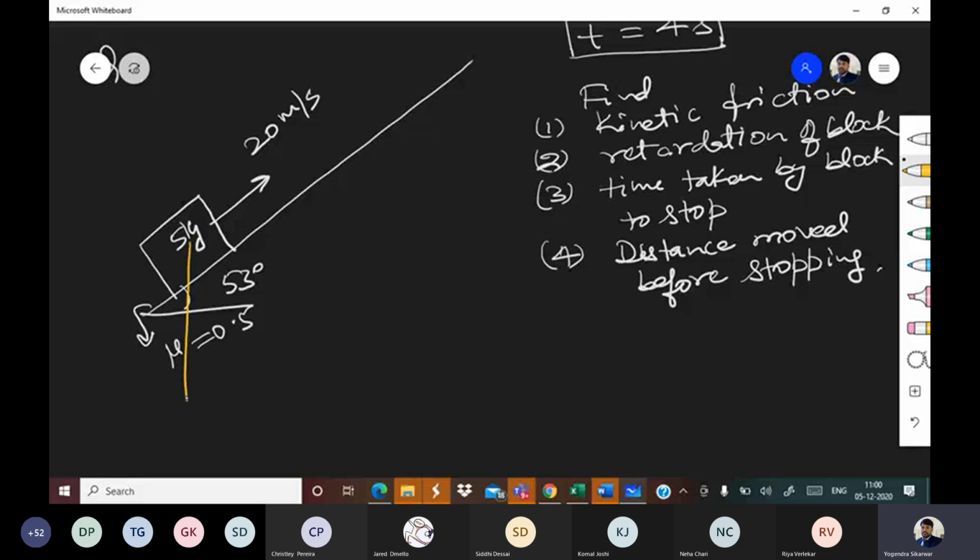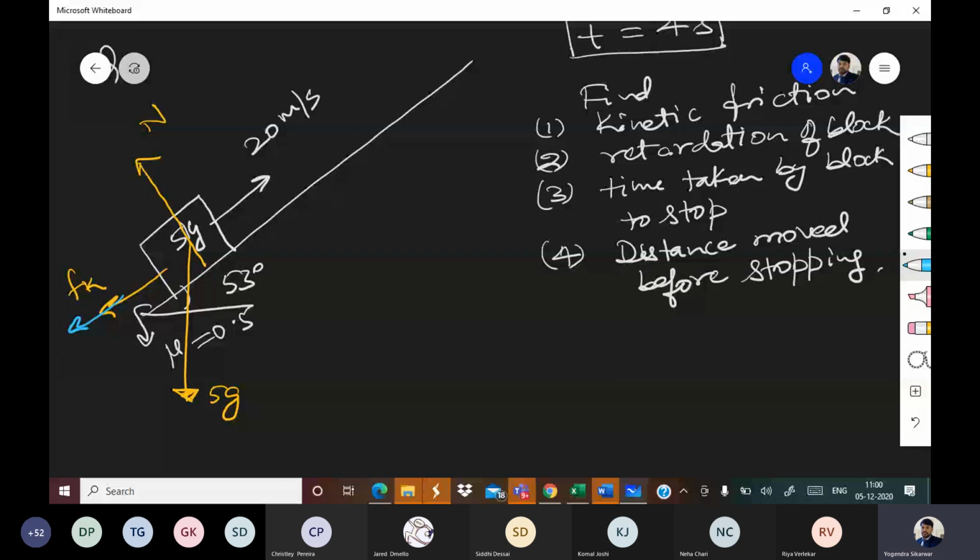5G is acting downward. All right. N will be acting perpendicular to the surface. Now, as the block is going up, friction will be acting downward and that will be Fk. All right. This 5G can be resolved into two components.